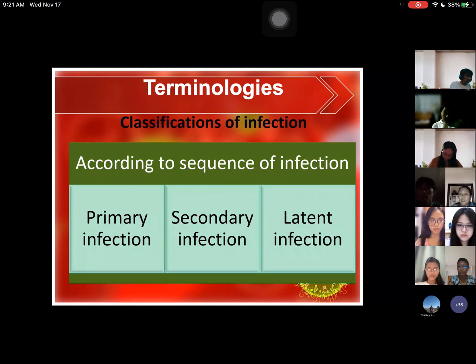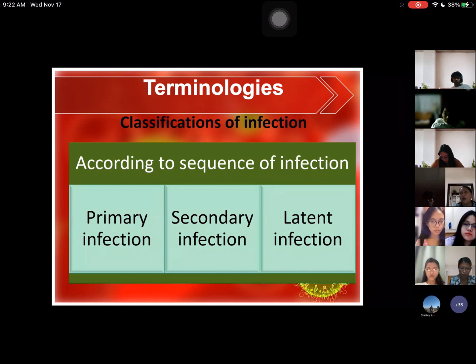Latent infection is an infection that you already have. Like for example, chickenpox. You already overcame chickenpox, but you already have no symptoms like fever, or the liquid, yung nagtutubig na mga blisters, that you experience with chickenpox.